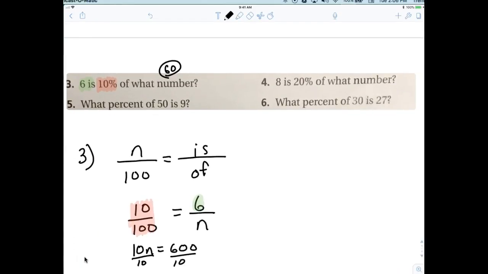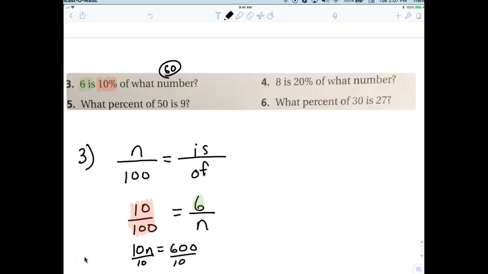Tomorrow I'm going to show you, I think, a better way, but I still need to teach you what exactly this is related to. Meaning, you have to understand percent is part to whole. And is just corresponds to part, and of corresponds to what? The whole. You hear me on that? I need you to see that. You'll be much better at numbers if you understand parts and wholes and the relationship.